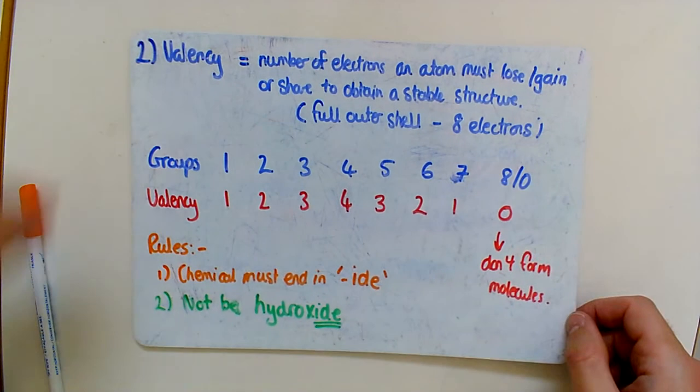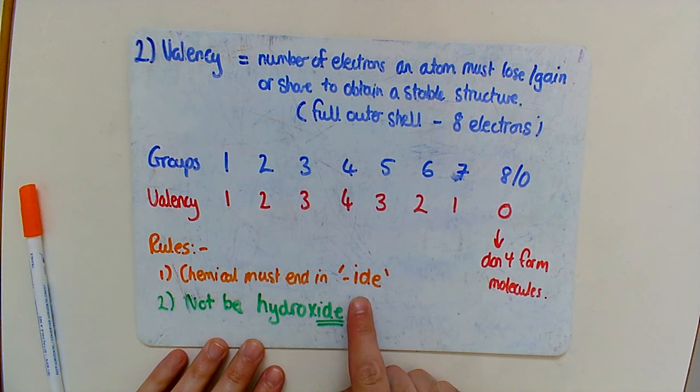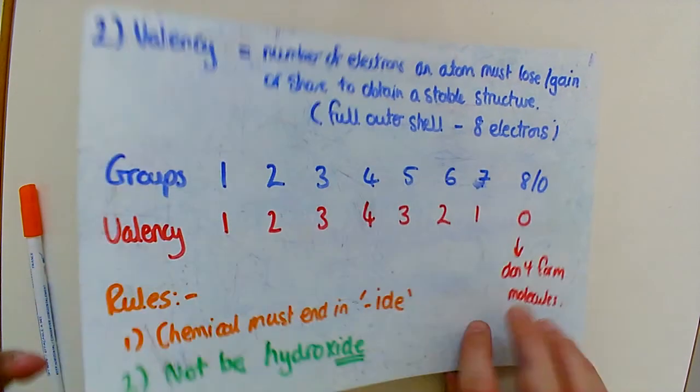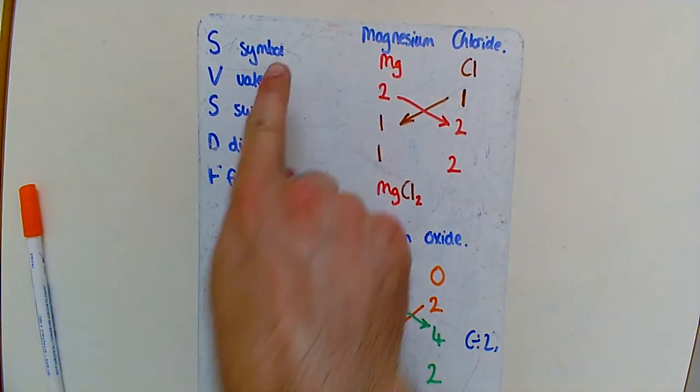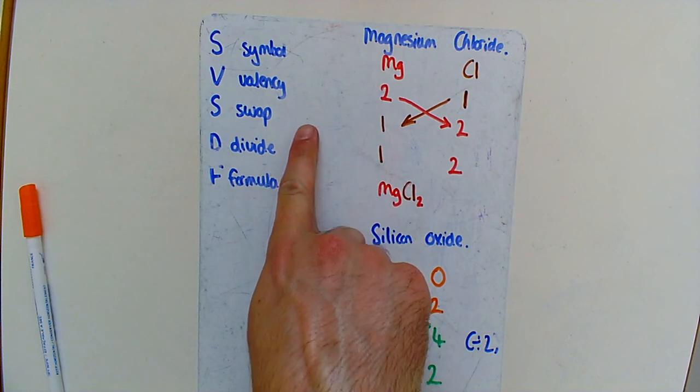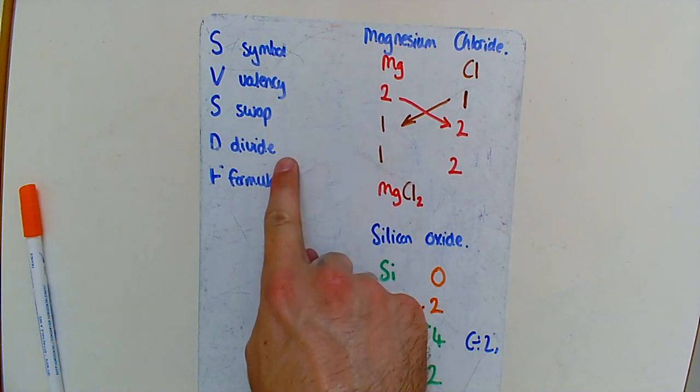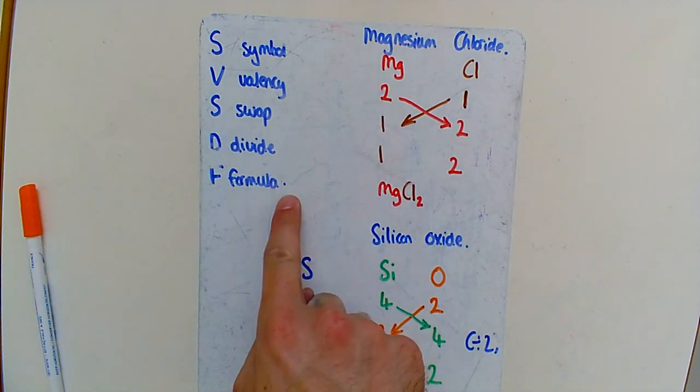We then looked at using valency, and we note that we can only use this for compounds that end in IDE, and the exception is hydroxide, where we have to do something else. We looked at the method, which was to write the symbol, the valency, swap the numbers over, divide if we can, and then write the formula.